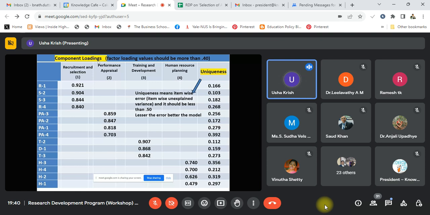In this case, we come across one more aspect, that is uniqueness, which means the item-wise error, and that uniqueness value should be less than 0.50. In other words, lesser the error, better the model. That's all you're going to observe here. The next one.